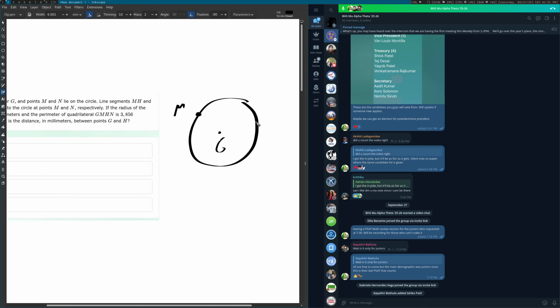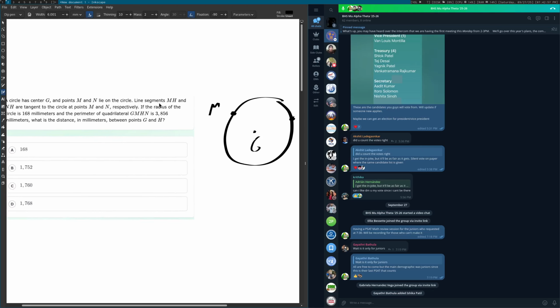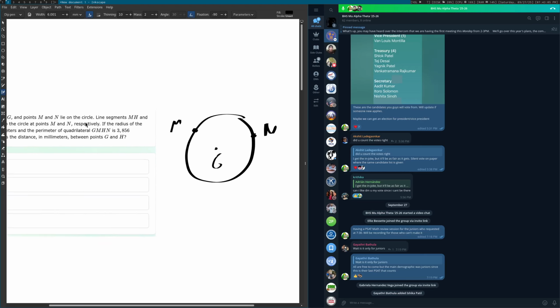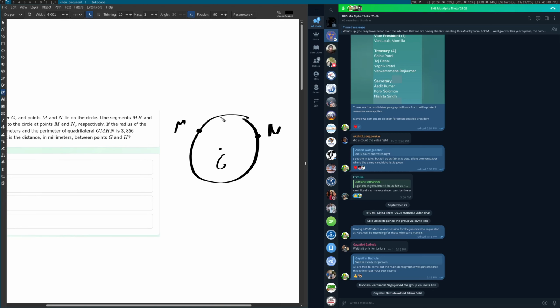And as a friend, we can add the N. And line segments MH and NH are tangent. So that means we have added a new point, H. And I'm going to put this like right here, so that they can be perpendicular.